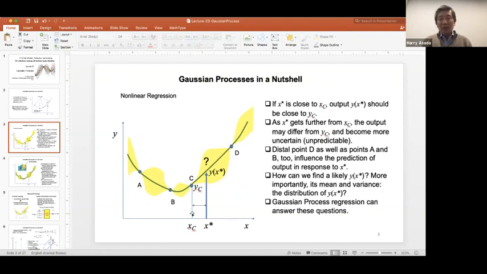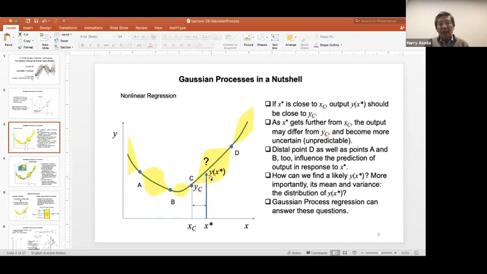As X star gets far from XC, it may be further away from YC. More importantly, as we move away from XC, things become more uncertain. I just sketched this yellow shadow area, showing possible points in response to X star.